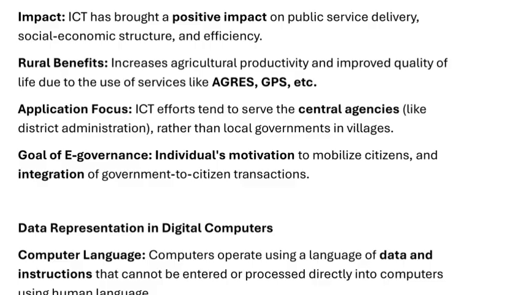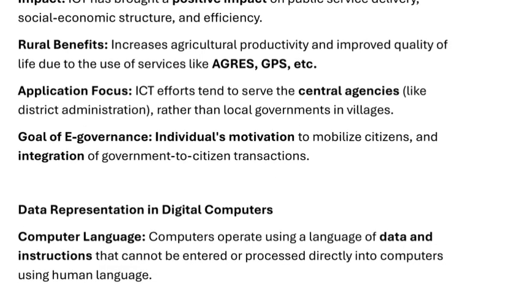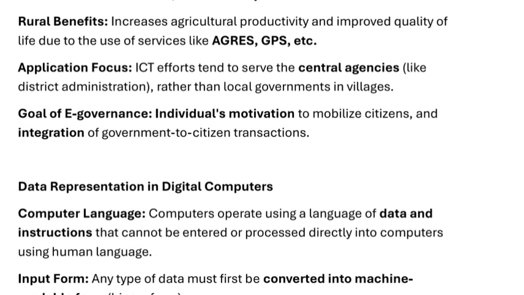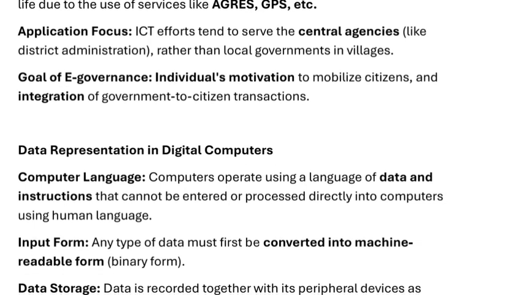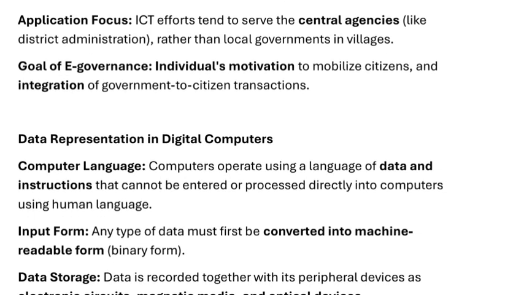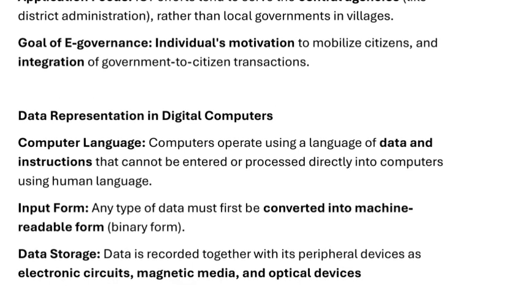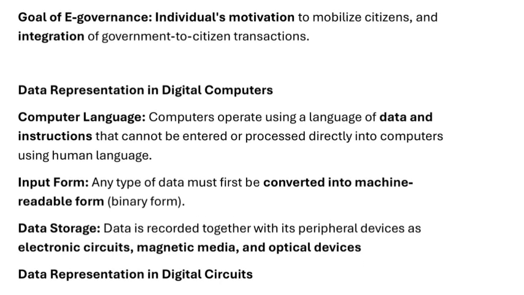Rural benefits: increases agricultural productivity and improved quality of life due to the use of services like AgRaise, GPS, etc. Application focus: ICT efforts tend to serve the central agencies, like district administration, rather than local governments in villages. Goal of e-governance: individuals' motivation to mobilize citizens, and integration of government-to-citizen transactions.